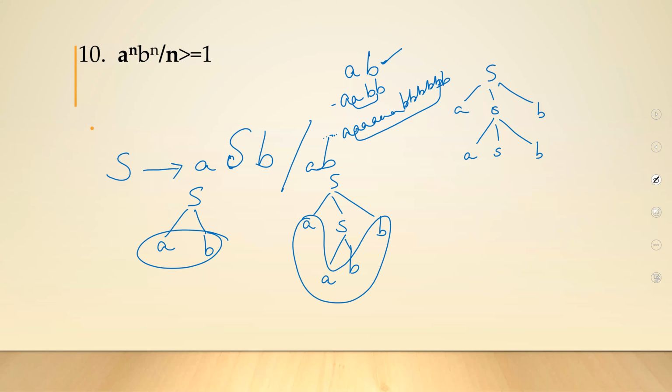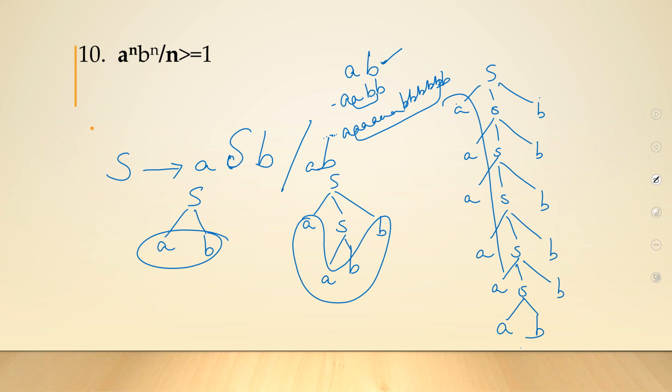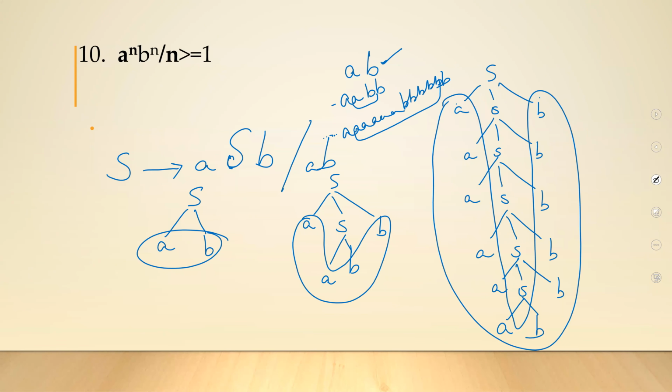You are guaranteed whenever you get an A, you will be generating a B. This will again be ASB, this will again be ASB. 1, 2, 3, 4, ASB, 2, 3, 4, 5. My last one, right? When you reach the last one, simply give an AB. My leaf. Okay, so this is my grammar for A raised to n, B raised to n.